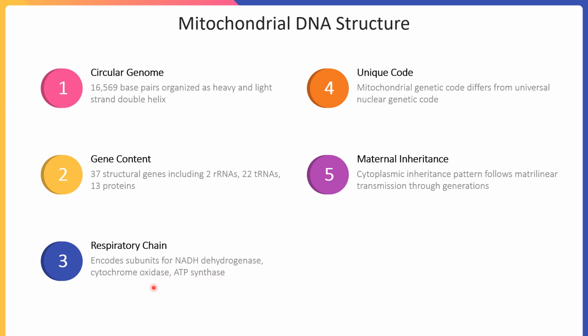The mitochondrial DNA has a unique code. For example, UGA or certain stop codons present in normal genetic material become coding for certain amino acids in the mitochondrial DNA, and it follows the cytoplasmic inheritance pattern.